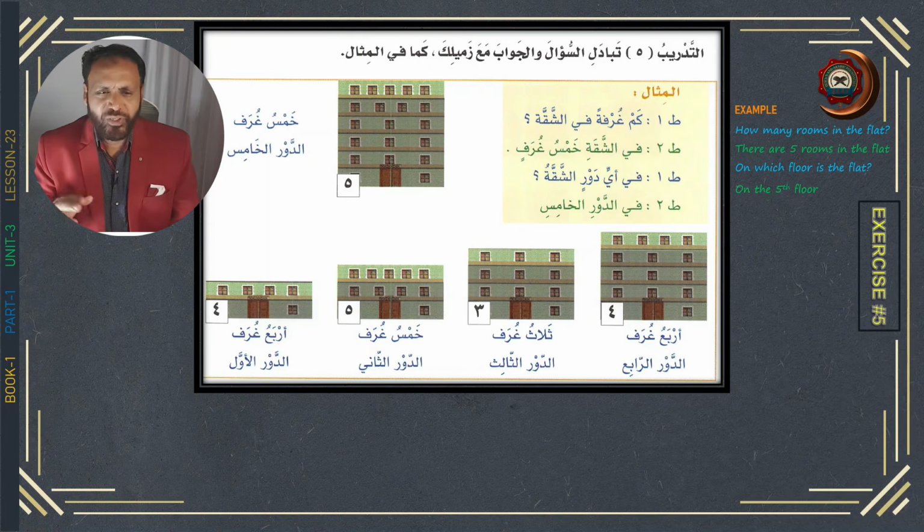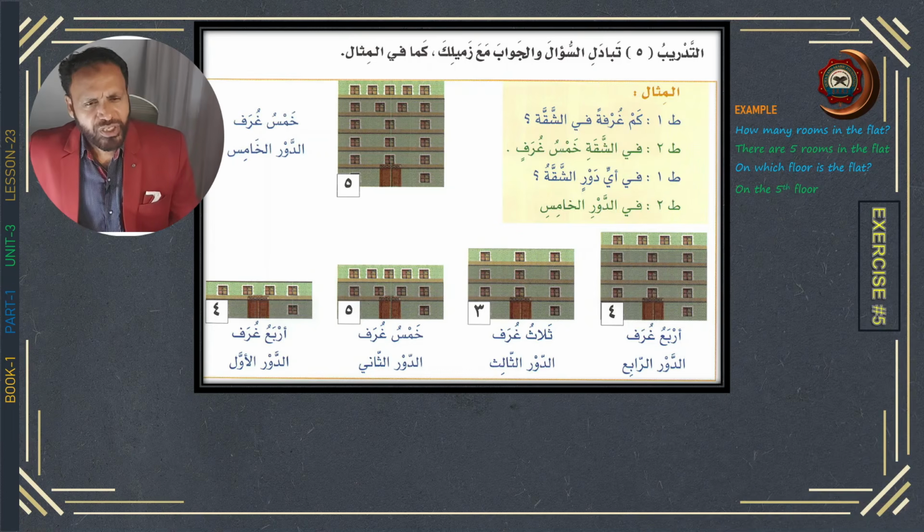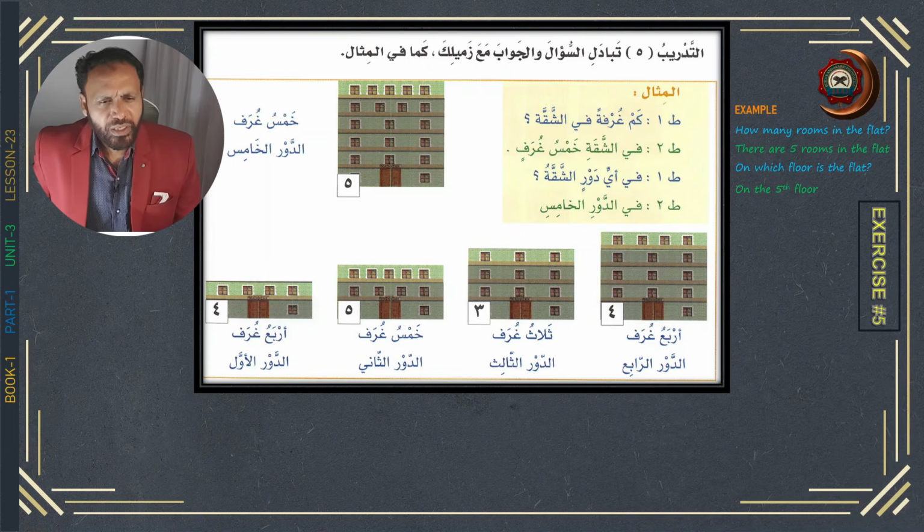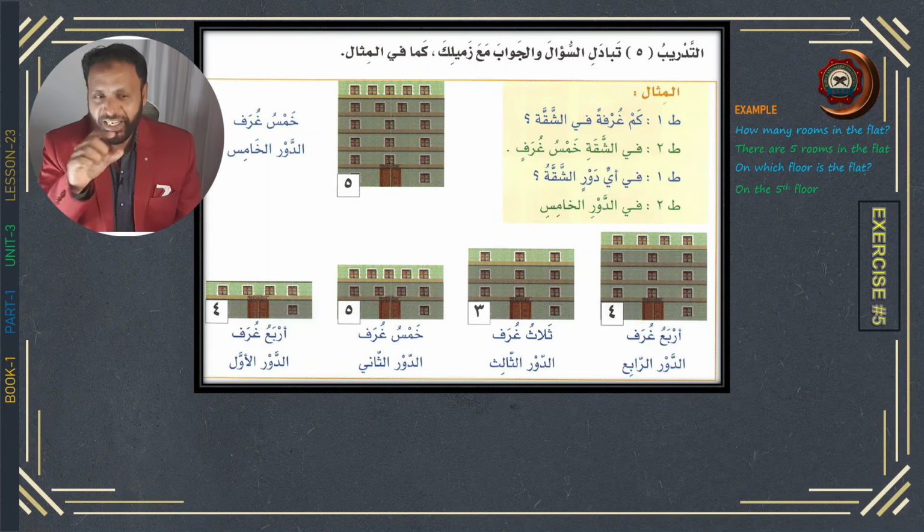If you don't want to say that, you can say arba'u ghuraf or arba'u ghurafin. Then the question comes, fi ayyi dawrin shakka? Basically, the blue lines have to be read as they are, and the words are supposed to be used in the green lines.